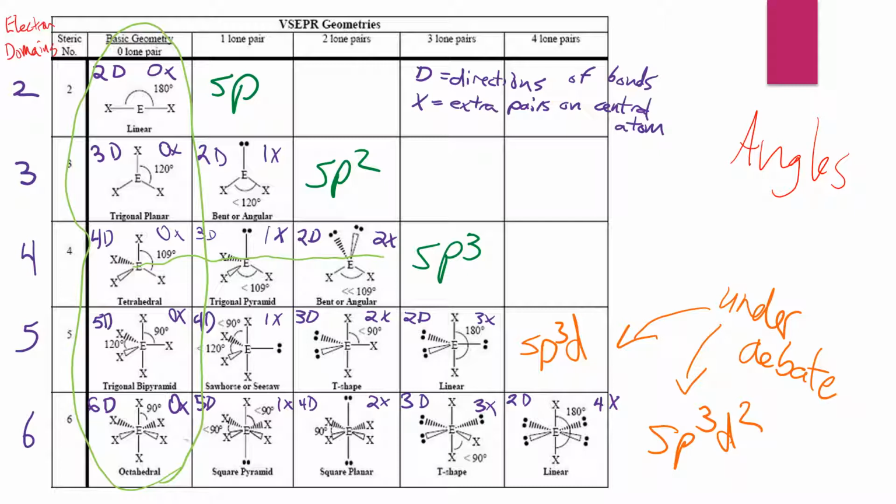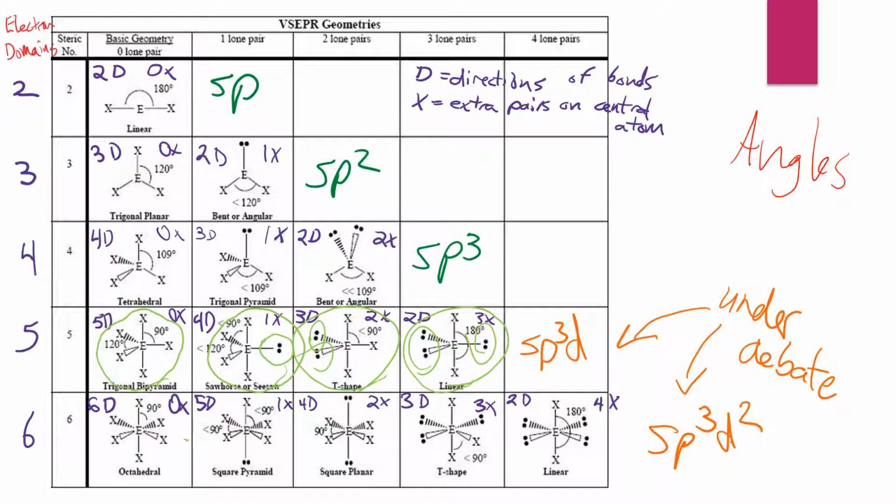But as you go to the right, instead of having all bonds, like this one here is 5 bonds, now it's 4 bonds and a pair of electrons. Now it's 3 bonds and 2 pairs of electrons. 2 bonds, 3 pairs of electrons. So as you go across this chart, the number of bonds is replaced by extra pairs of electrons.